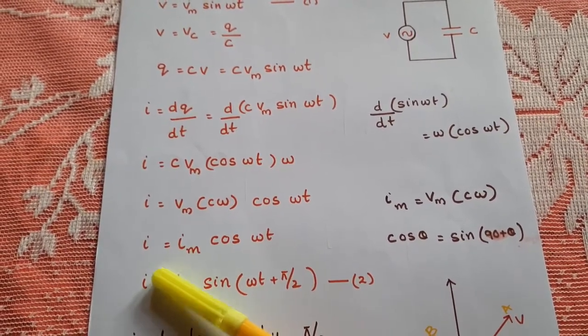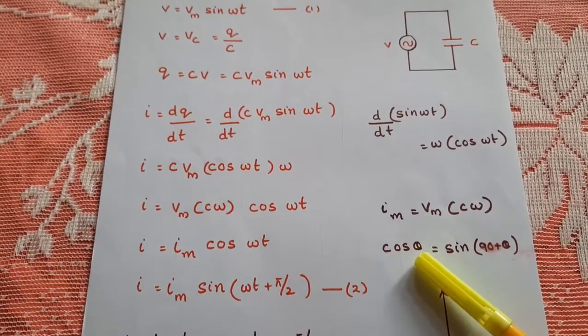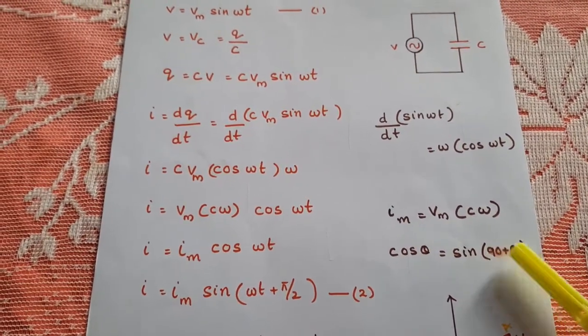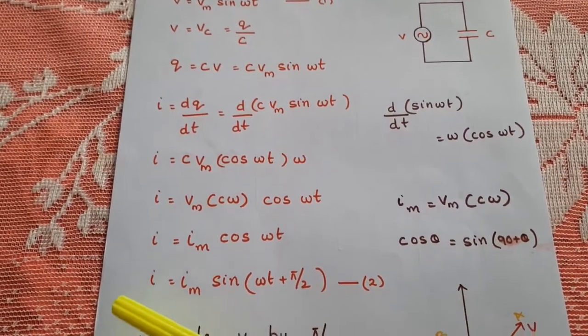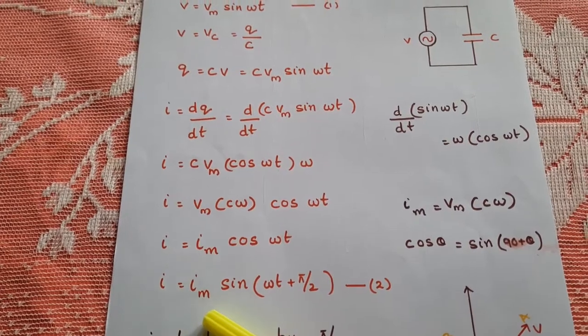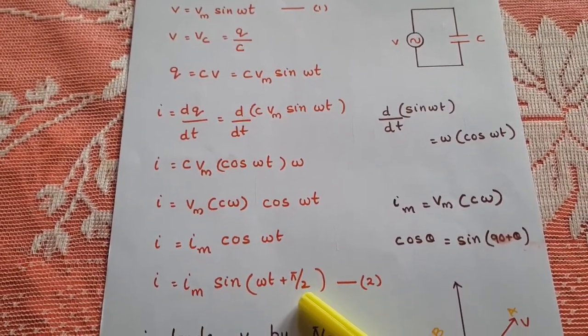Therefore, I is equal to Im cos omega t. But cos theta is sin 90 plus theta. Therefore, we can write I is equal to Im sin omega t plus pi by 2.